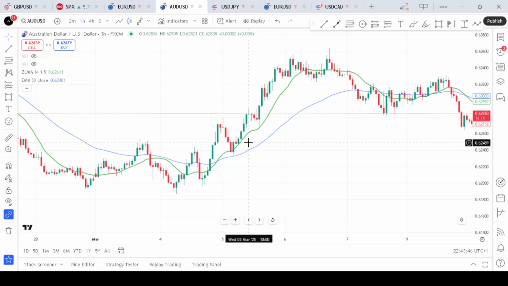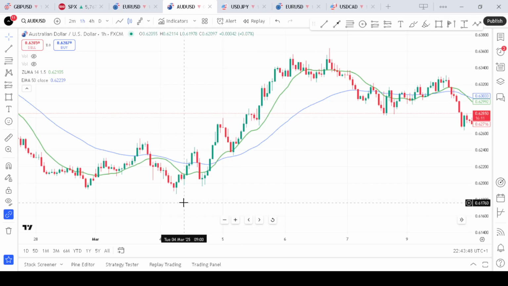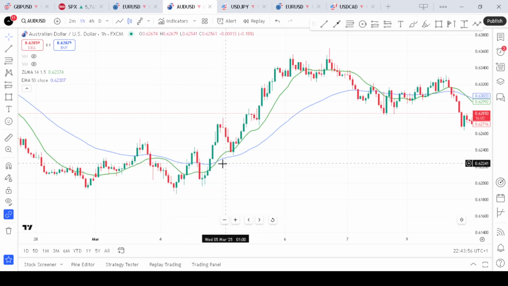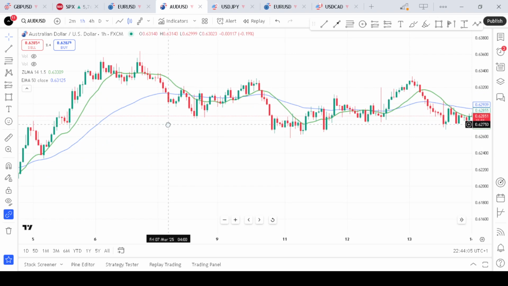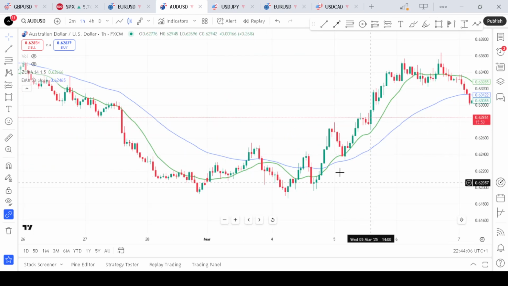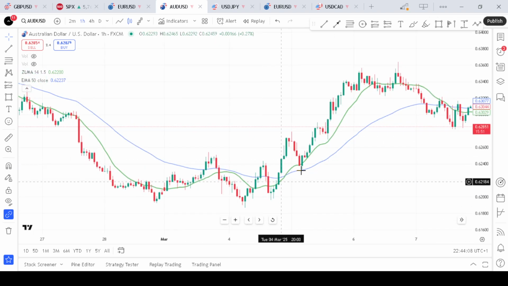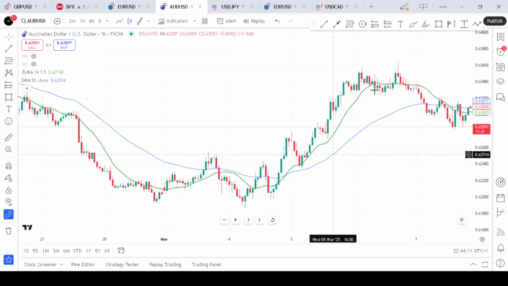The first step is to identify the prevailing trend. When the zero lag moving average crosses above the slow EMA, that's when this green line crosses above the blue line, it indicates a potential uptrend. When it crosses below, it suggests a possible downtrend. See, when it crosses above at this area, we can see it was a possible uptrend.